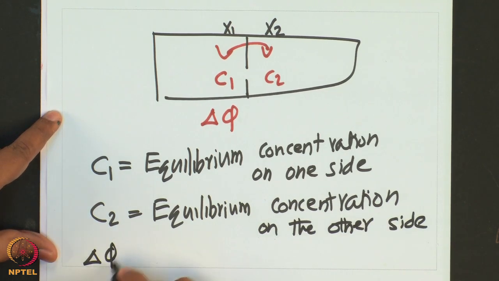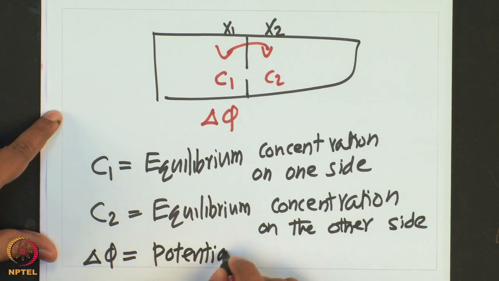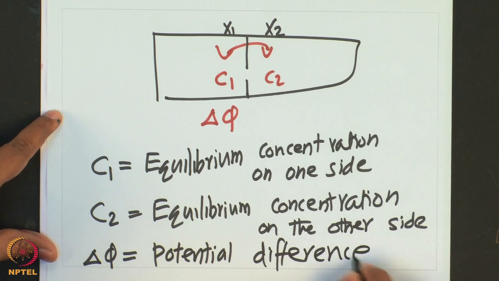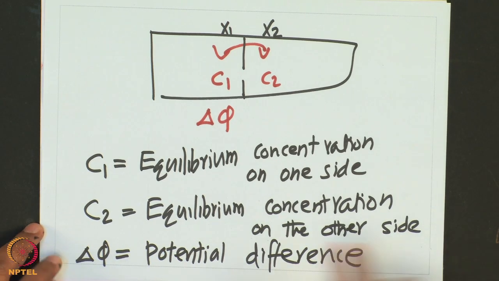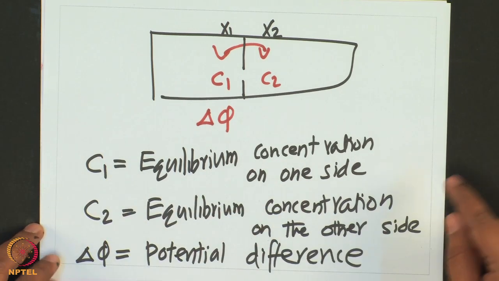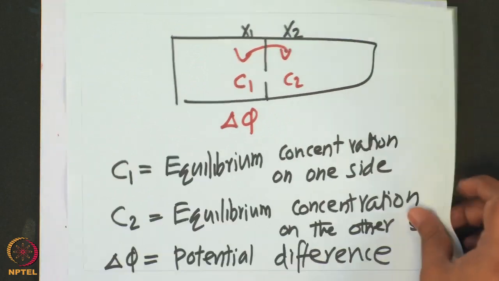And delta phi is the electrostatic potential difference. So, these are the quantities of interest, delta phi, C2 and C1, and this is the relation between these quantities.